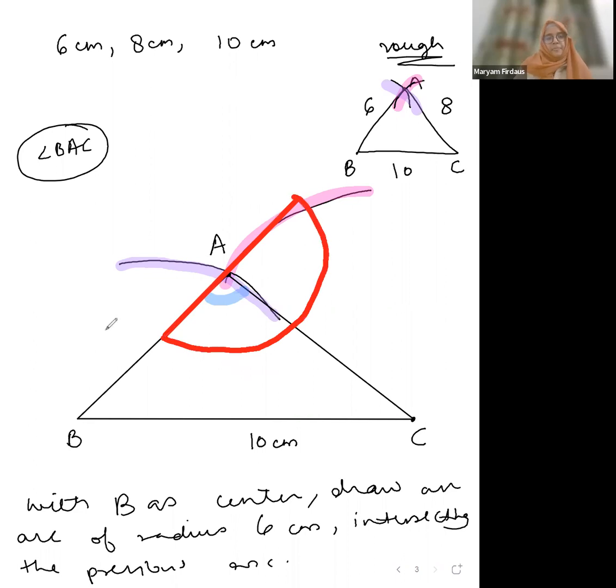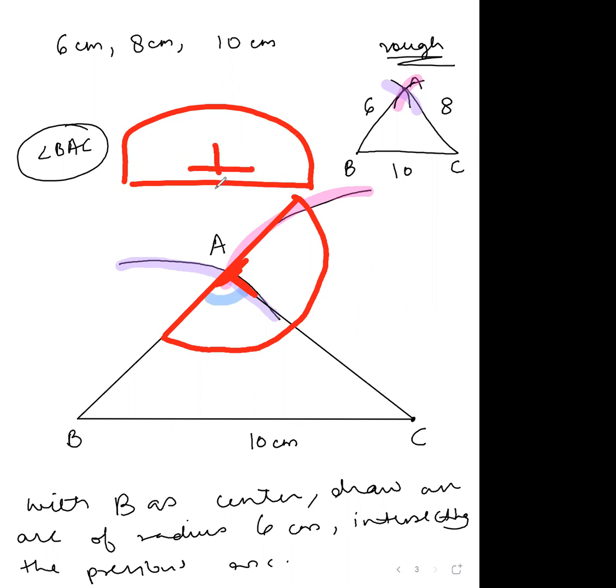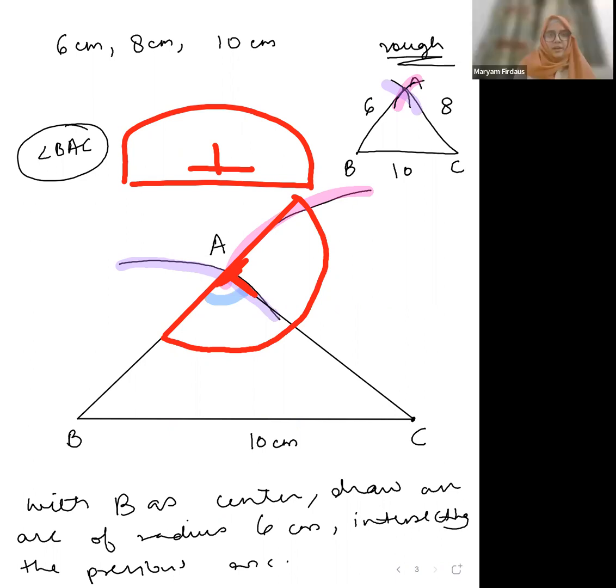Okay? And if you notice on the protractor, there is a mark in the middle, a 90 degrees type of mark. Can you see it? Yeah. This point on your protractor should coincide with the vertex of your angle.